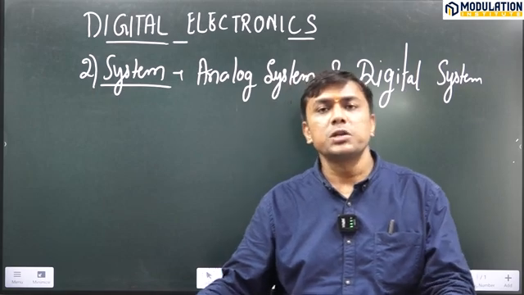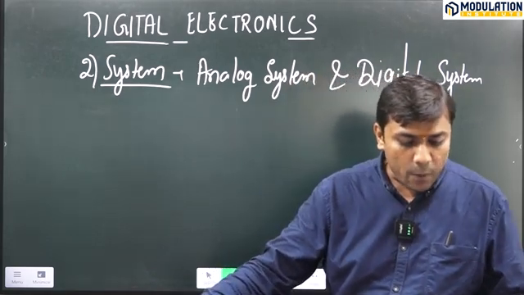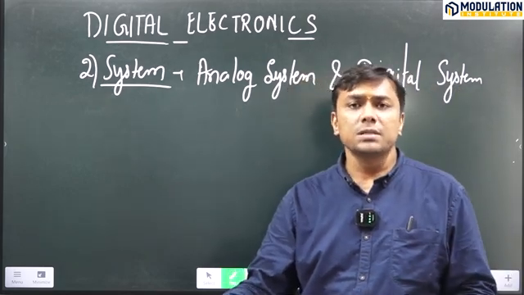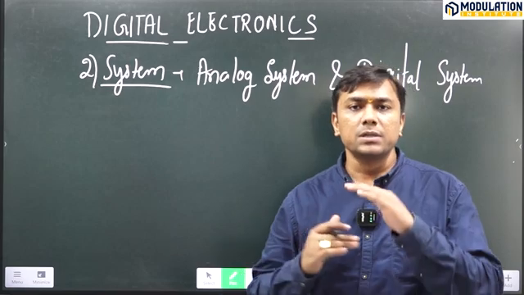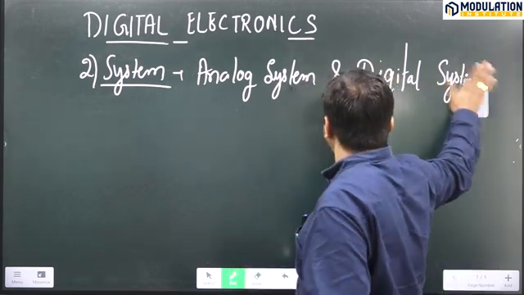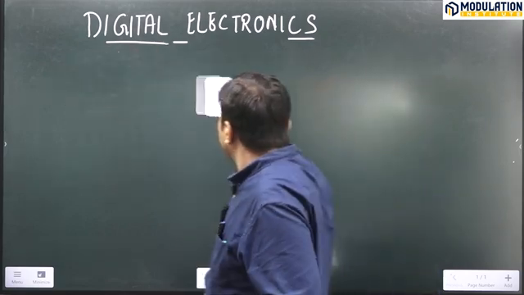That we have to study in detail in this topic. In the next unit, we have to study the number system. What are the number systems, and what are the types of number system which we have to study?